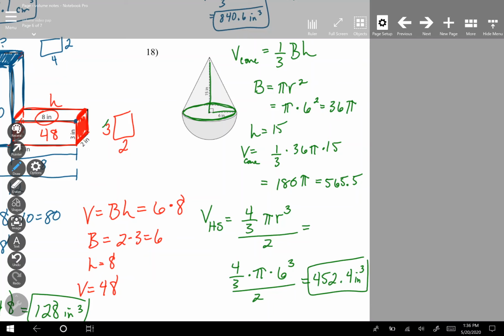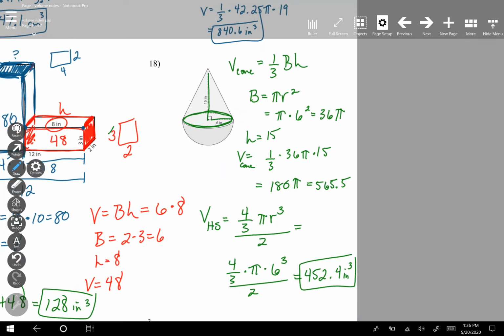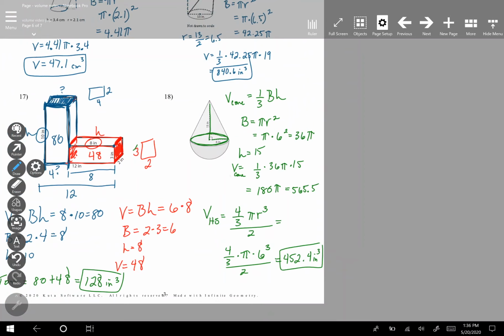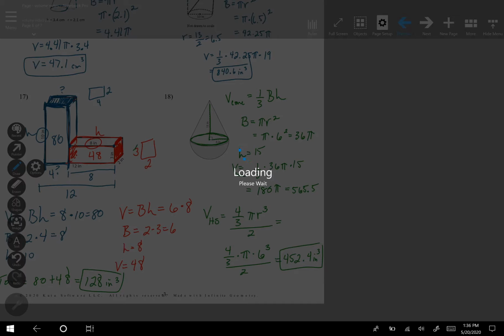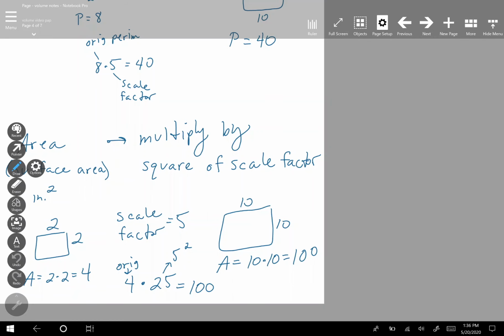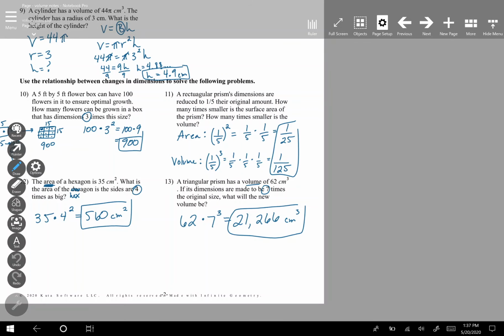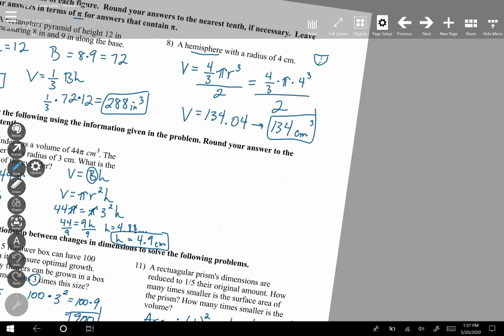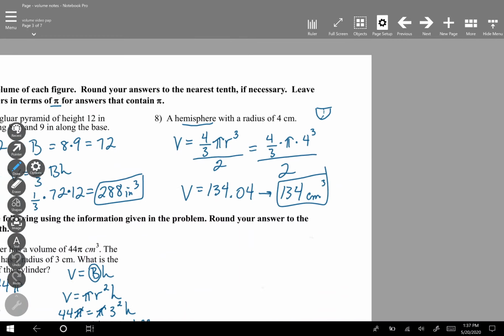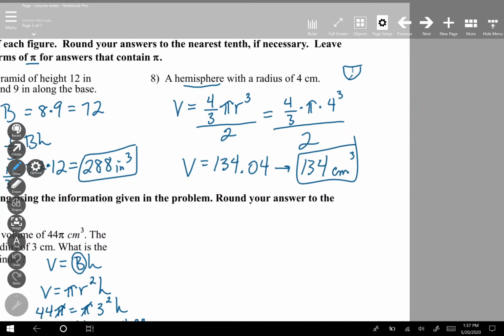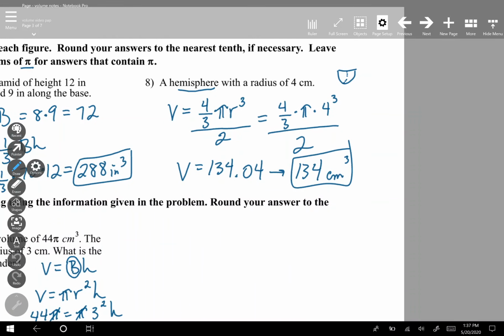Okay, so there it is for volume, and I realized, let me go back and check here. I think on our other volume problem here, oh yes, with our hemisphere, it says leave your answer in terms of pi. I totally typed in pi in the calculator. So let me fix this really quick.